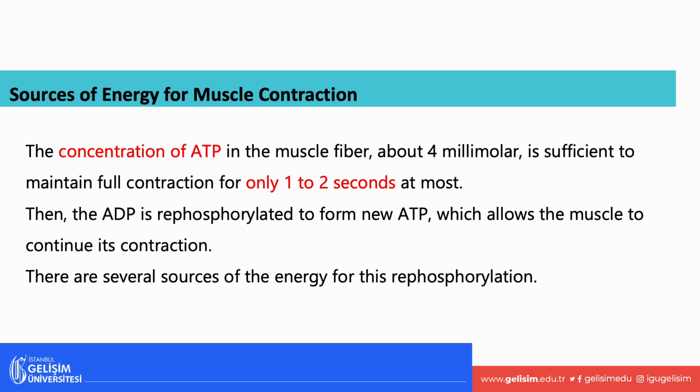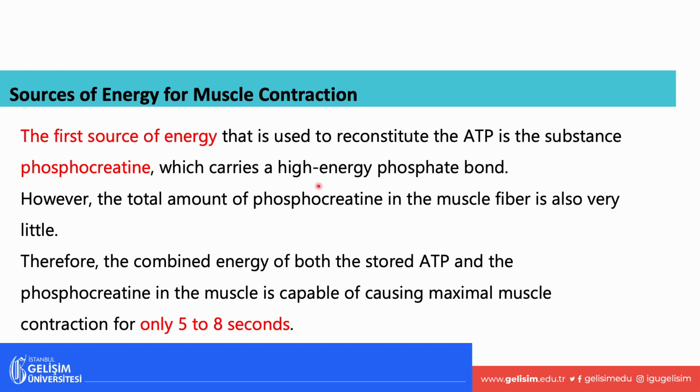Now, in order to keep going, the ATP molecules end up being rephosphorylated to form new ATP. This is what allows the muscle to continue to contract. For rephosphorylation to occur, there are several sources of energy. One source is the breakdown of creatine phosphate, a molecule stored in muscle cells that can be quickly converted back into ATP.